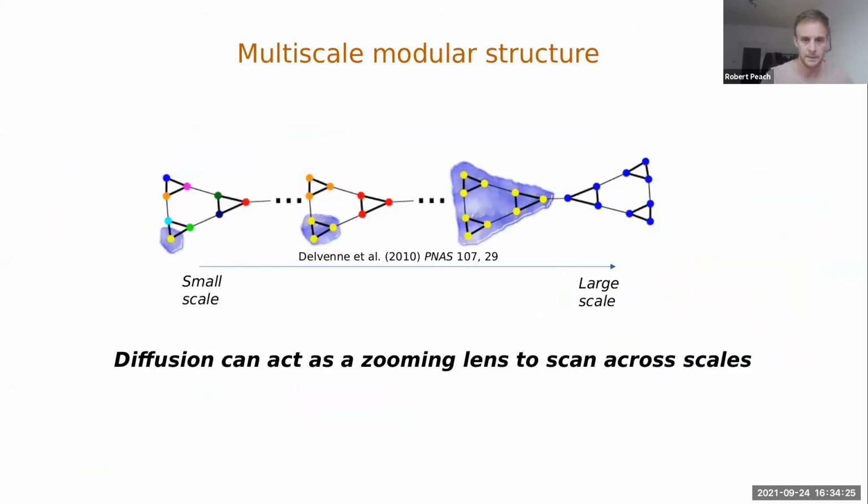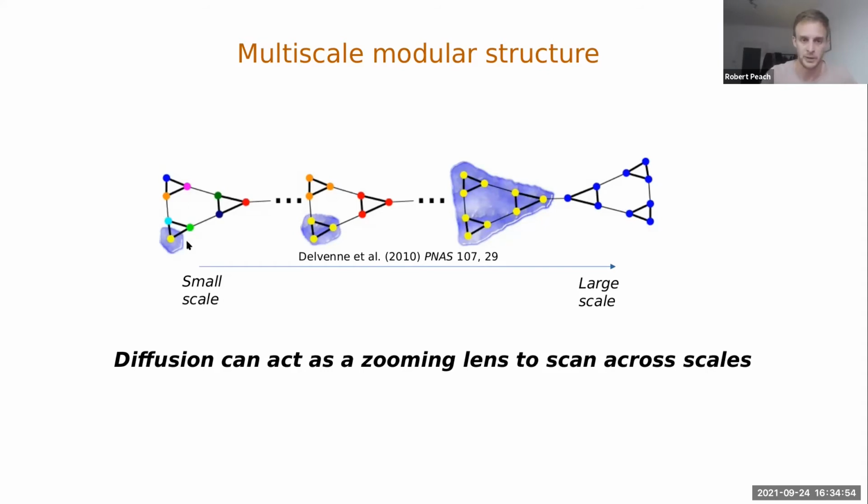And diffusion we think is a very good way of probing multiscale structure of networks. This is an example taken from Mauricio Barahona's paper back in 2010, on Markov stability, which used diffusion-based processes to uncover the modular structure in networks.